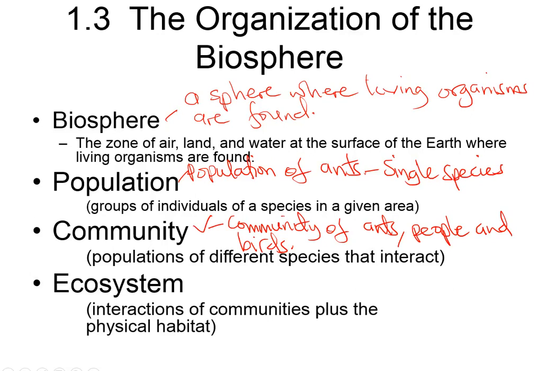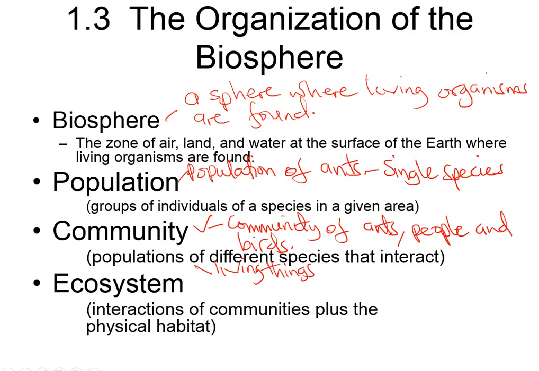If we go back to community, for community, you are just interested with the living things in there. So community and population, you are interested with the living things. Now when you talk about an ecosystem, you include the non-living things.